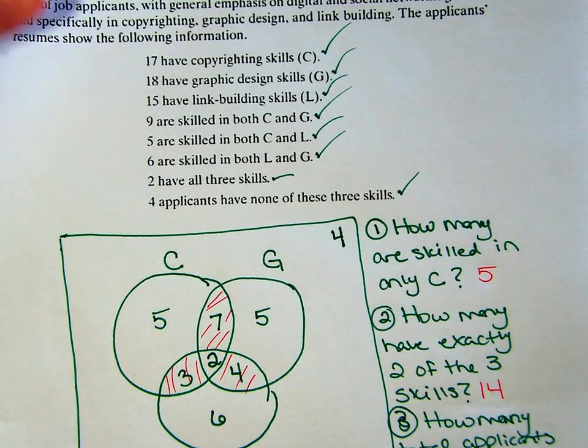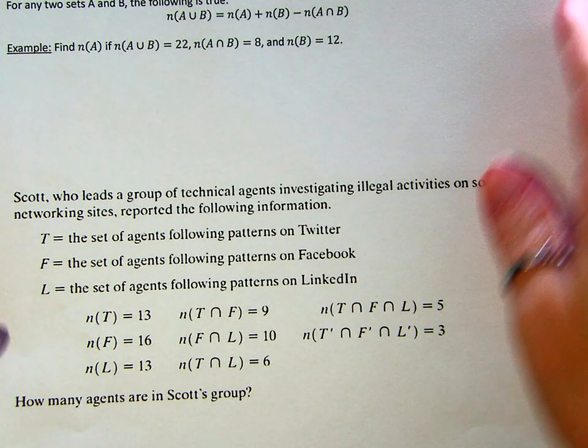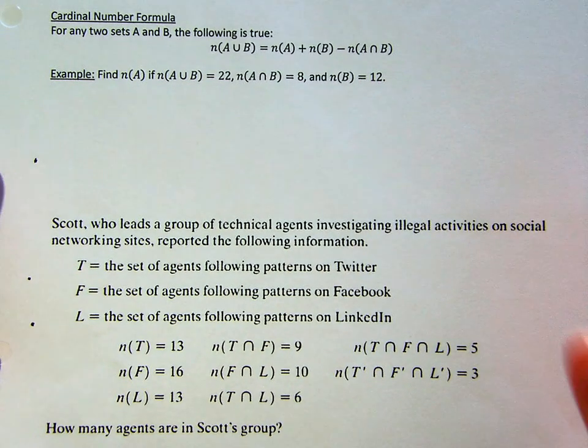Okay, let's flip over. Cardinality is the one bit of notes that you have for this one, because there's a little formula. Remember from previous sections that cardinality is the number of elements within a set. And so if I say the cardinality of the set is 5, that means there's 5 elements in that set.